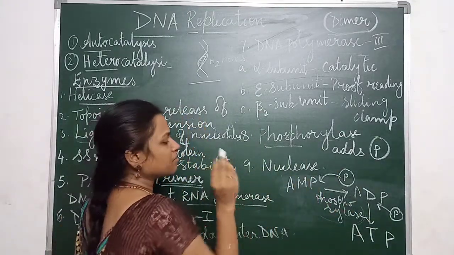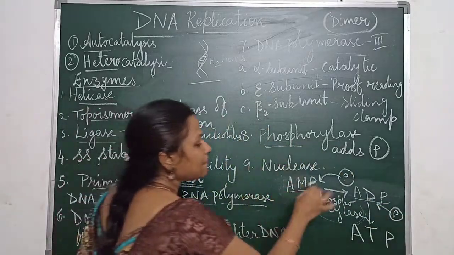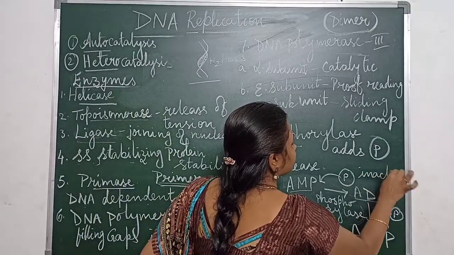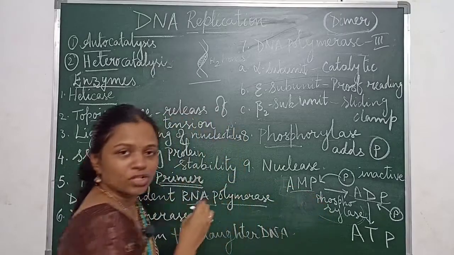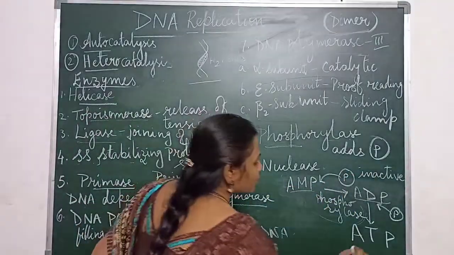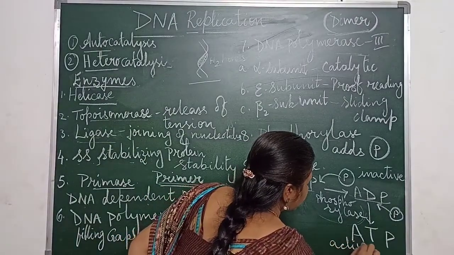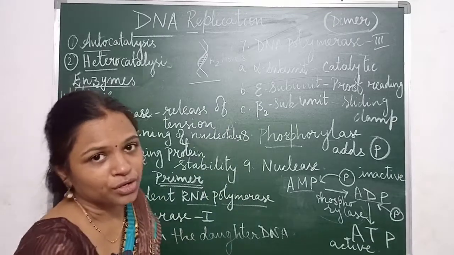Now what is the main thing? The monophosphates are comparatively inactive, whereas the triphosphates are active. Understood? That is the reason why we require phosphorylase.